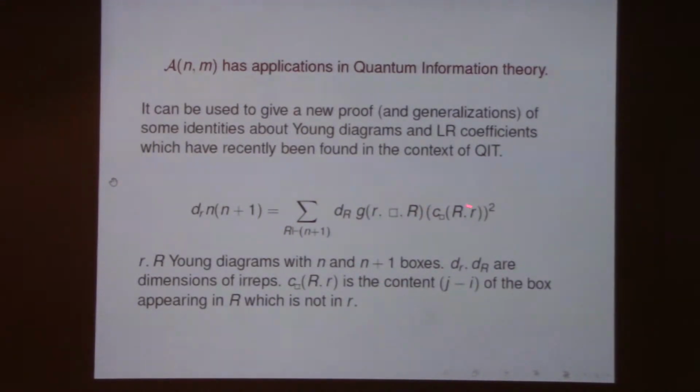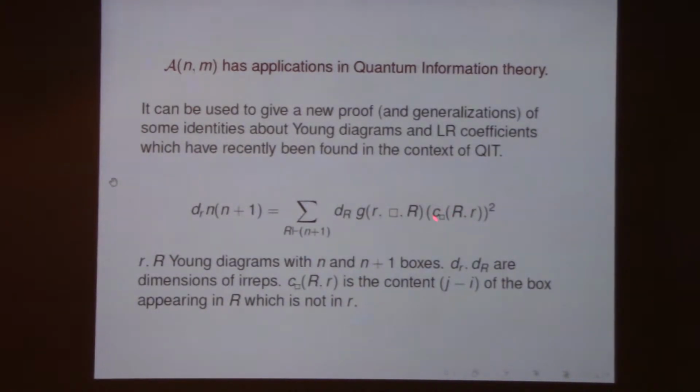And this is called the content of a box. When you put together a Young diagram with n minus 1 boxes, and then put in another box to build something with n boxes, that box has a location somewhere. The content is basically the row minus the column of that extra box.